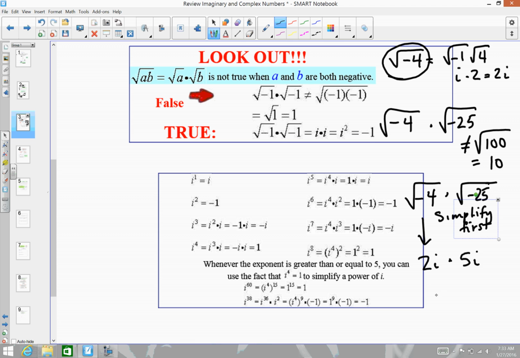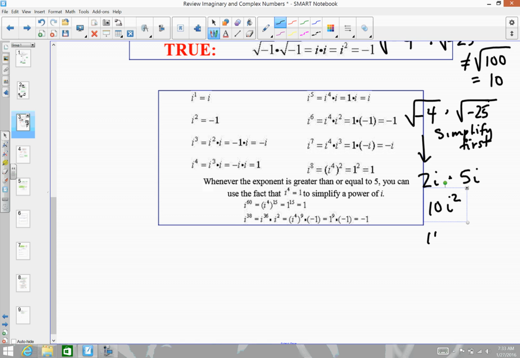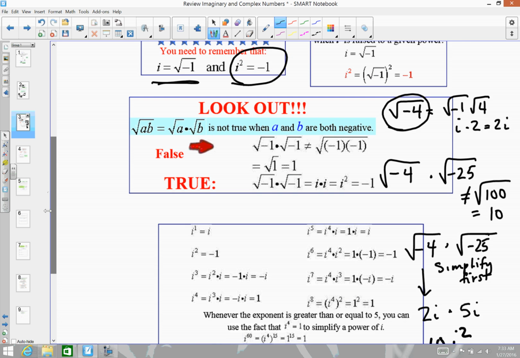Multiply those together, we get 10I squared. Replace 10I squared with 10 times negative 1 because negative 1 is equal to I squared. This gives me a negative 10 and not the positive 10 that I would have gotten if I'd combined my radicals first. So just look out for that. Do not multiply these first when you have negatives under the radical.